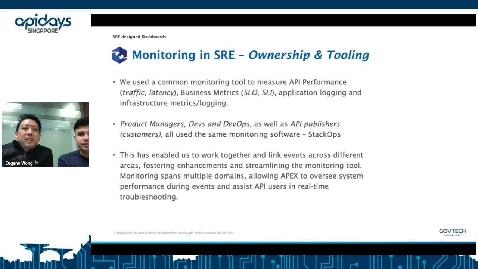And what this means is that actually our product managers, our DevOps, as well as our customers all use the same monitoring software. And this actually incentivizes Apex to improve our monitoring system so that everyone can benefit from it. And this also allows everyone to have the same tool to do troubleshooting together.